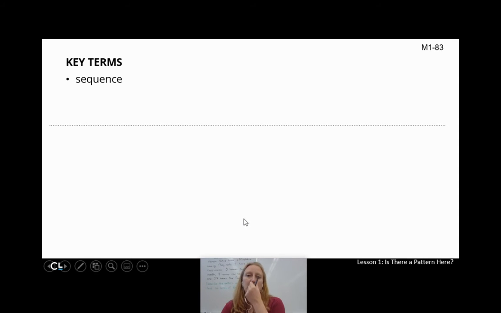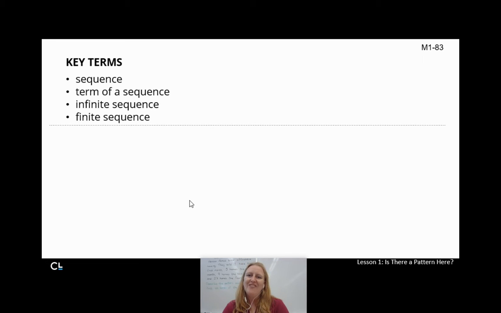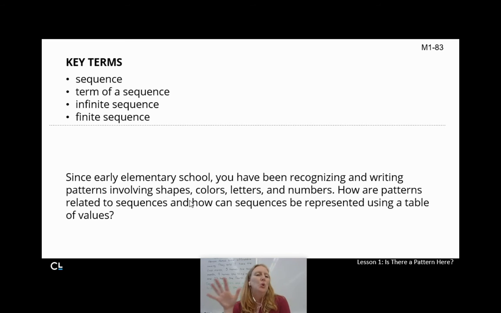So we do have several key terms, including sequence. I did mention, don't panic if you don't know what a sequence is, we'll get there. Term of a sequence, infinite sequence, and finite sequence. These are our key terms today, so keep an eye out for those words in bold as we go along. Since early elementary school, you've been recognizing and writing patterns involving shapes, colors, letters, and numbers.